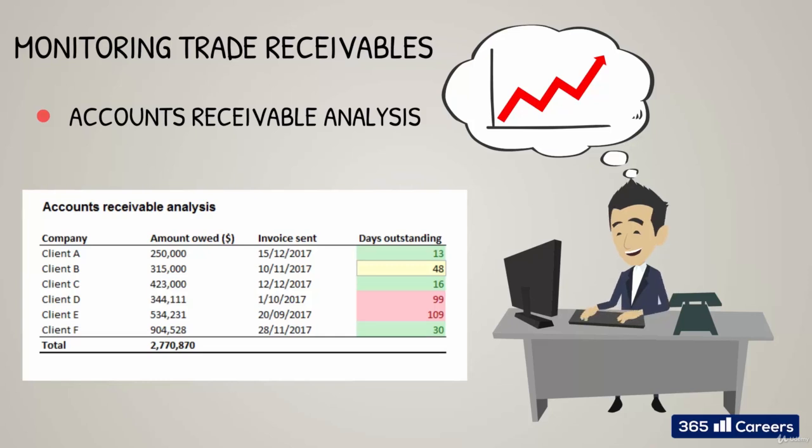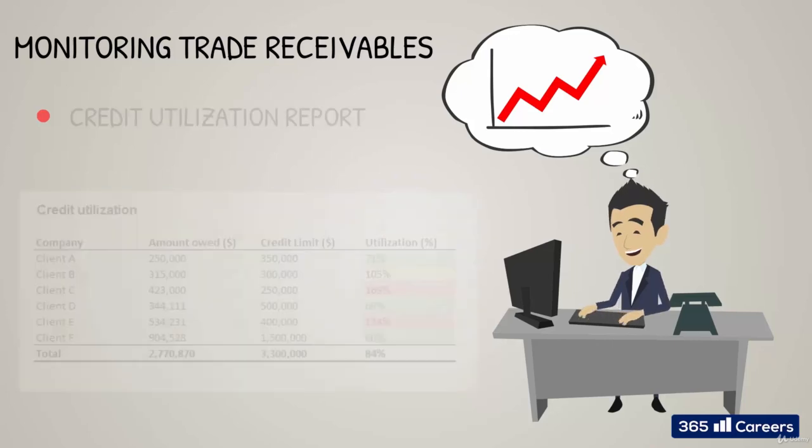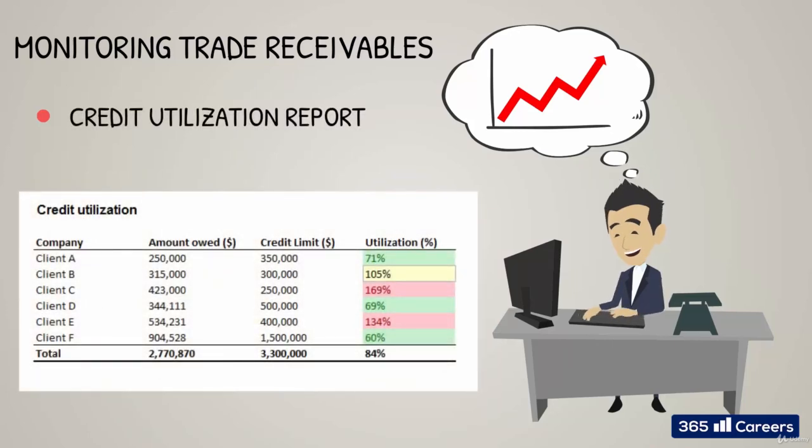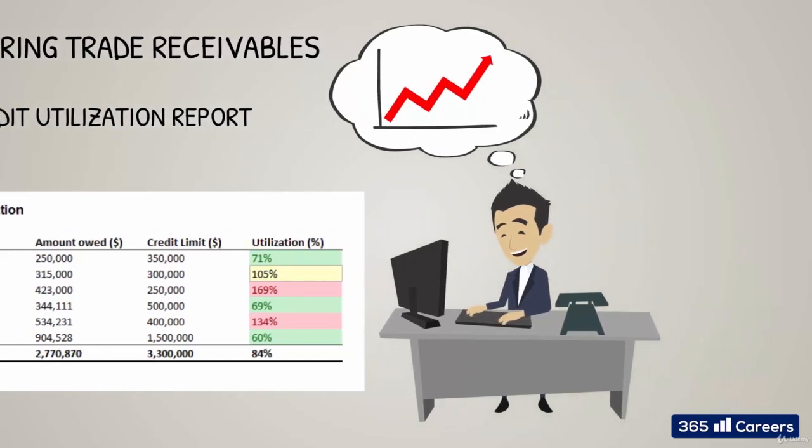Such an analysis shows us the average state of receivables and the total amount due by the company. A credit utilization report will show us how much of each client's credit limit has been used. This will indicate to us whether we must talk to clients and ask them to reduce the receivables outstanding or negotiate increasing their limit if the volume of business of that client is increasing.